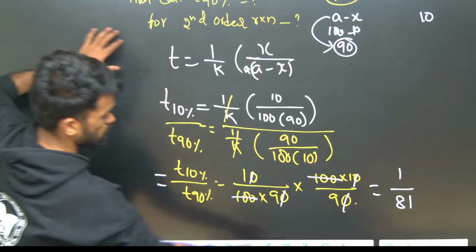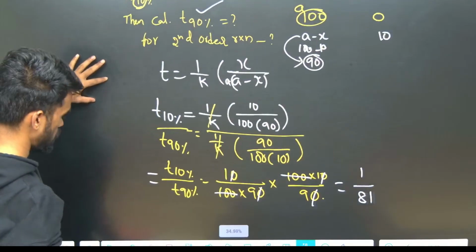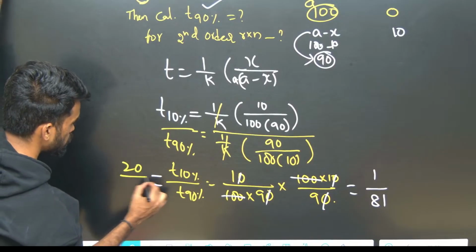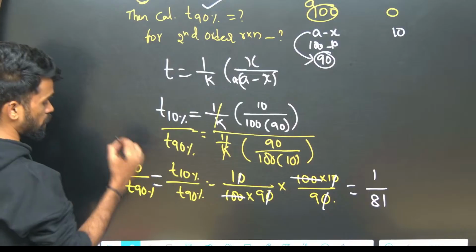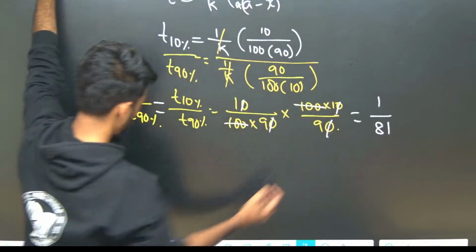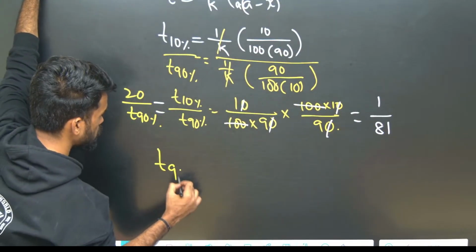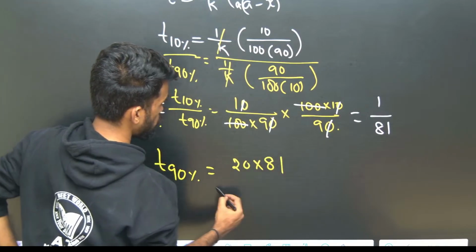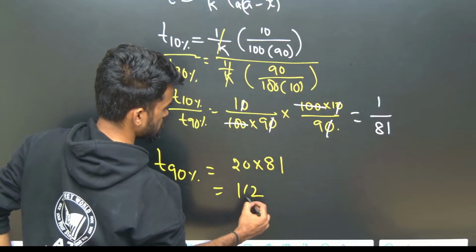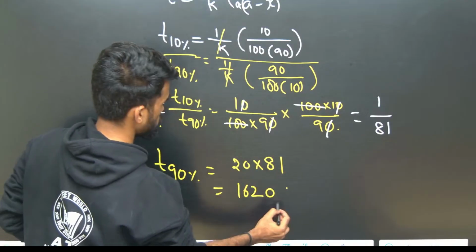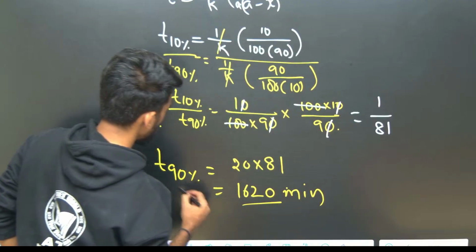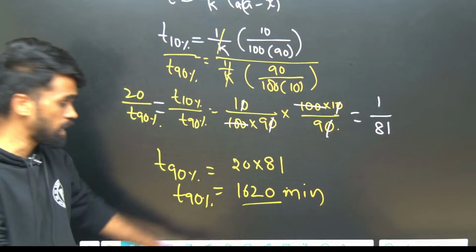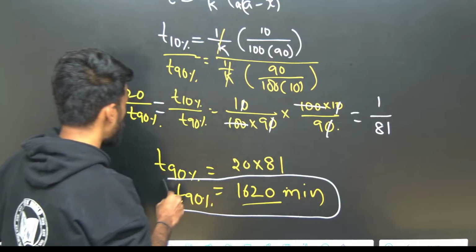T 10% is mentioned in the question as 20 minutes, so take 20 minutes by T 90%, the time required for 90% completion. So T 90% equals 20 into 81, which is 1620. So this many minutes are required for completion of 90% of this reaction. Hope it is clear.